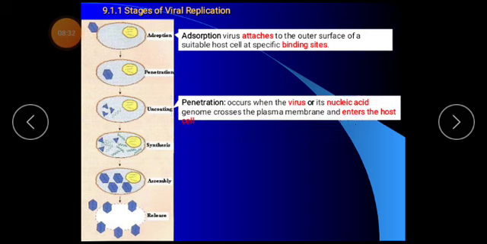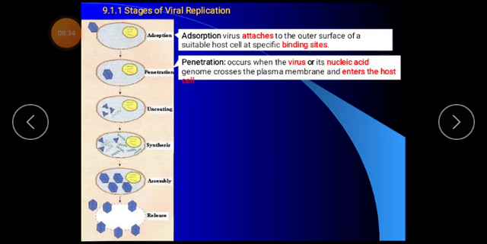Penetration occurs when the virus or its nucleic acid genome crosses the plasma membrane and enters the host. First, we know that adsorption occurred when the virus came and attached on the surface of the host cell in the presence of a binding site. After it engages, it penetrates through the membrane of the host cell and moves inside the cytoplasm of the cell.